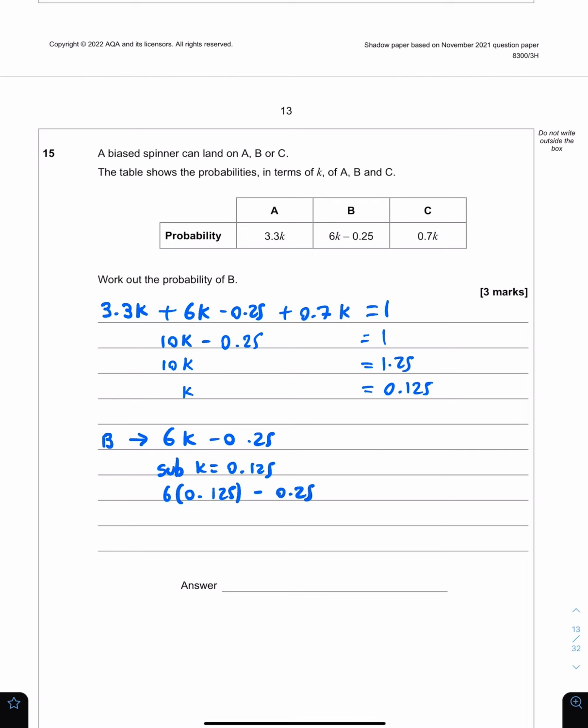Right, so that's 6, and you can type it in the calculator exactly as it is. So 6 bracket 0.125, close bracket, minus 0.25. Oh, dearie me, what did I do incorrectly? Oh, right. And that gives a half, or 0.5. I'm going to write it as 0.5, though normally I do prefer fractions, but today I'm in a different mood.